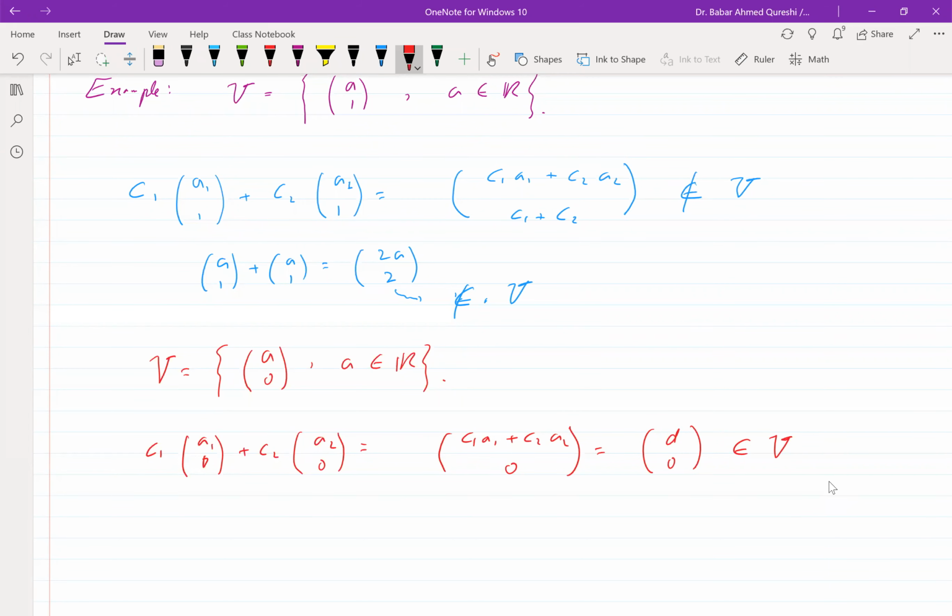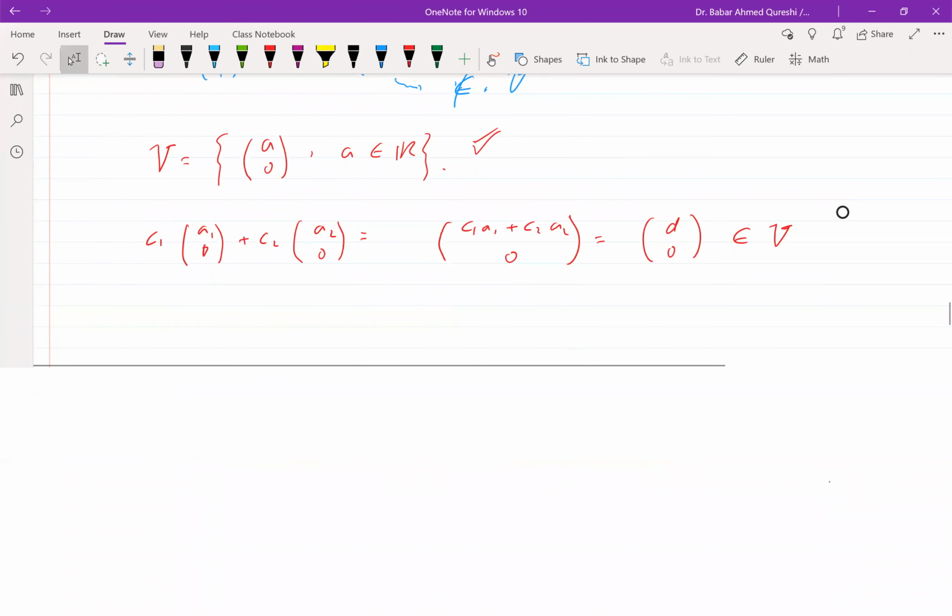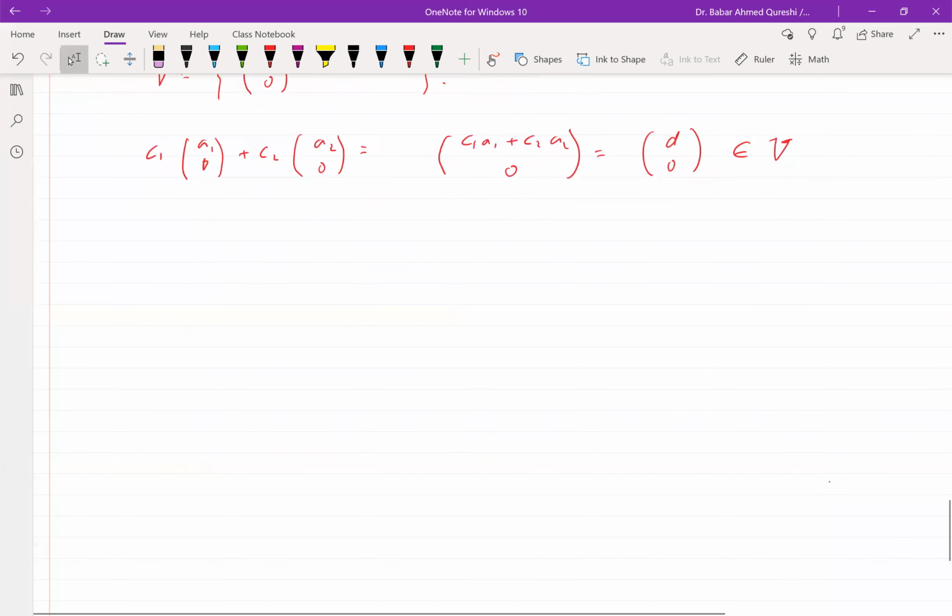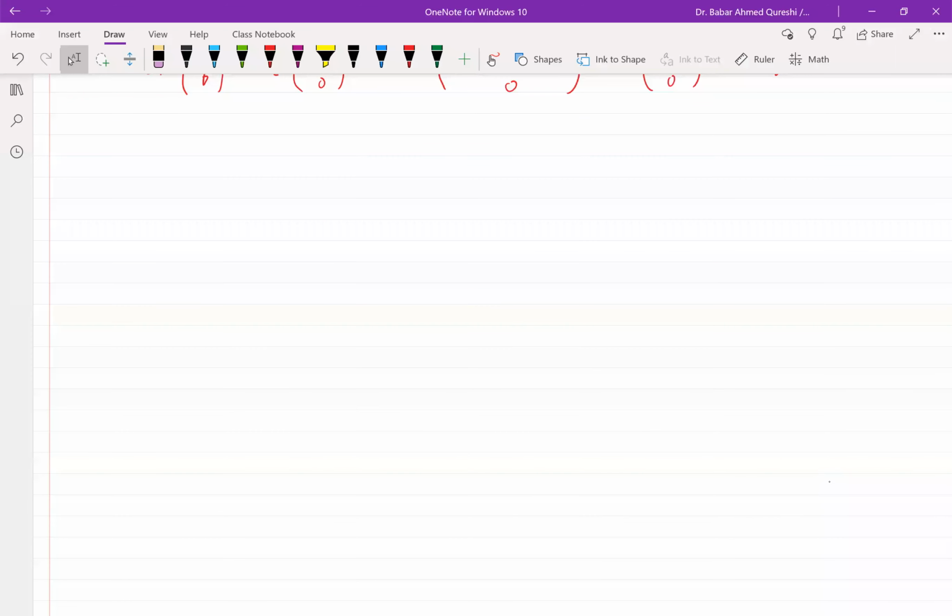You do get a member. So you can add the vectors, these objects in this set. So this is a vector space. So you can see actually that in this example, I could replace 1 by any number and it would still not be a vector space, except when I put a 0. 0 is special somehow in these two examples. So let's now consider slightly more non-trivial examples.